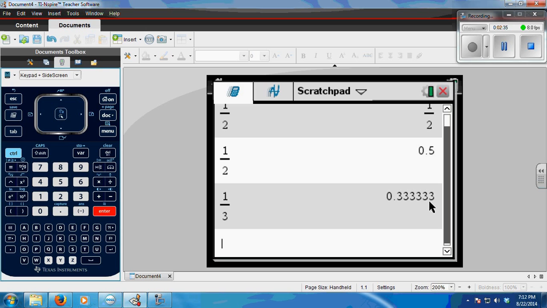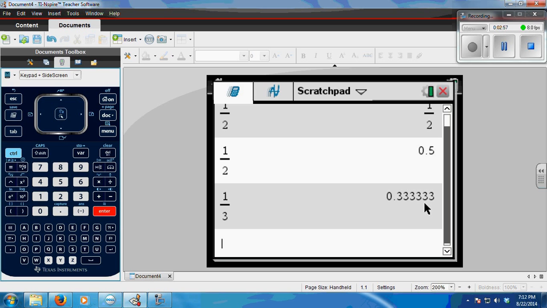And here's my decimal notation, 0.333333, and it stops. Again, because what the calculator is doing is just approximating the value. This pattern is never going to end and will go on infinitely. But since the calculator cannot write an infinite number, it has to stop somewhere. So it stops after the sixth 3 right there.